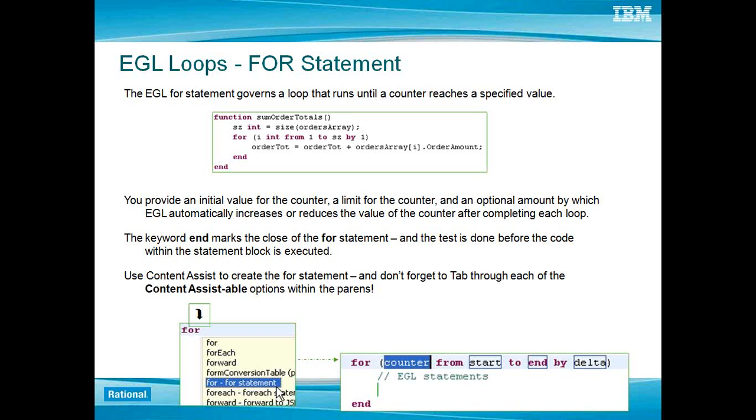Means the for loop will be starting from position 1 or 10 to position 100, and it will be incremented by 1, or by 2, or by 5.